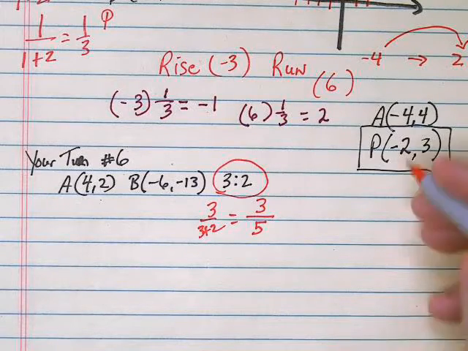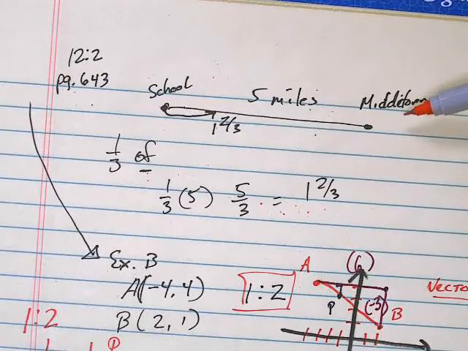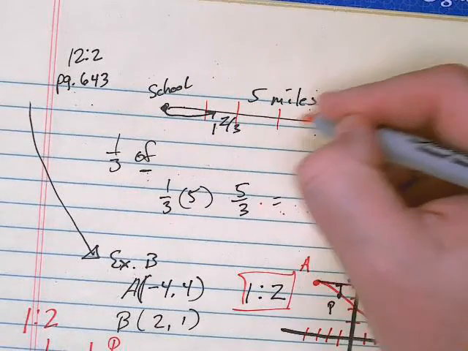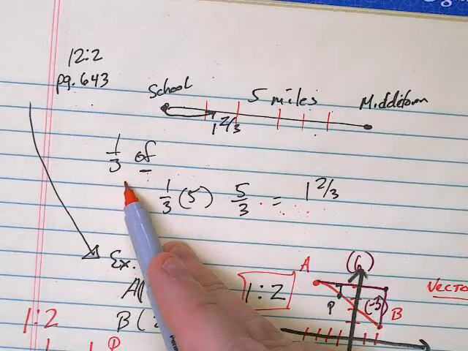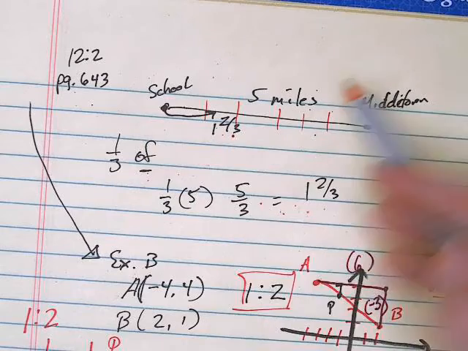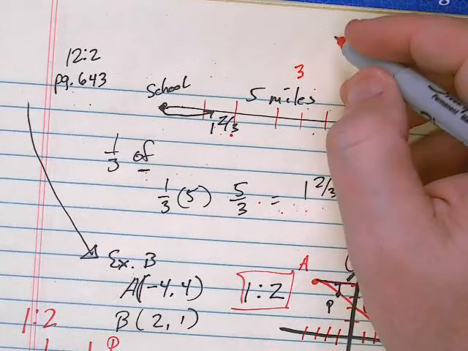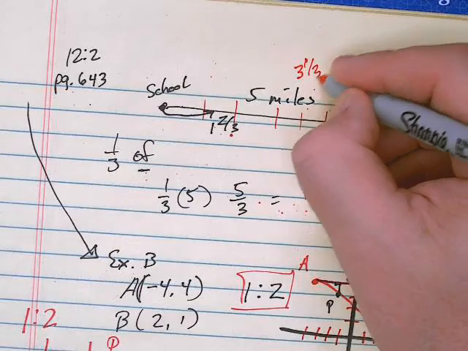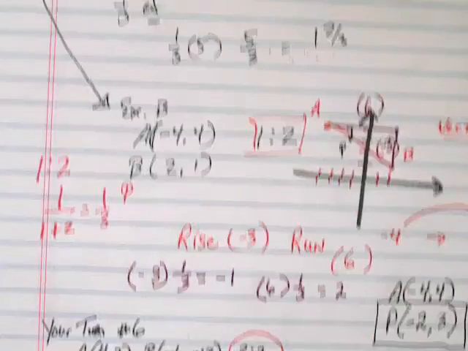If I go back to my concept of the school to Middletown, if I divide the 5 miles and I want to go 1/3 of the distance, that's 1 2/3 over, and the other one would be 3 and 1/3. That's how you find the distance: you take the ratio and put it over our fraction. It always works.